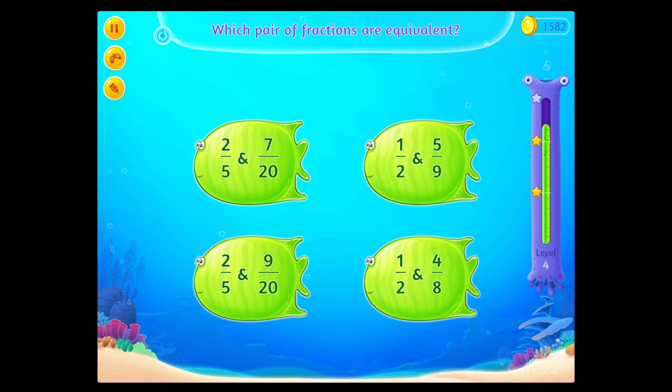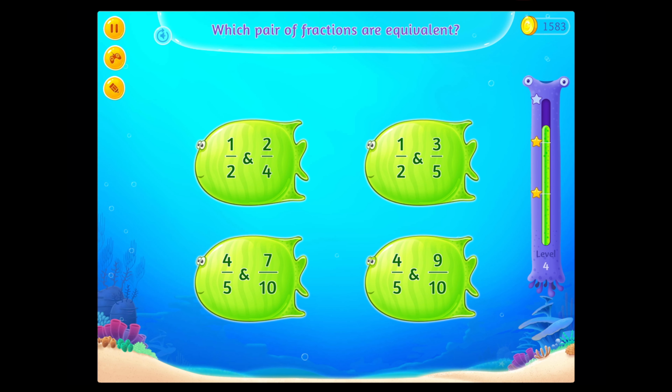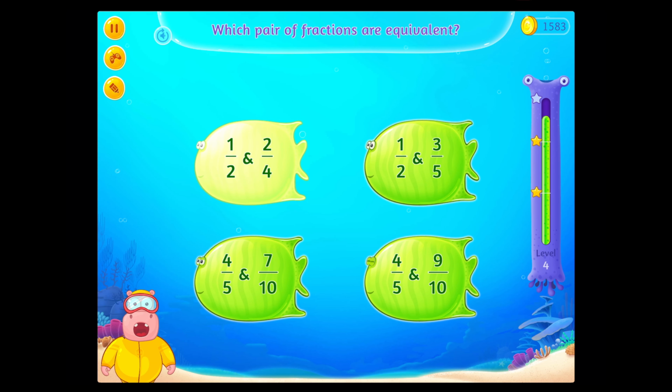Which pair of fractions are equivalent? That's right! Which pair of fractions are equivalent? On a roll!